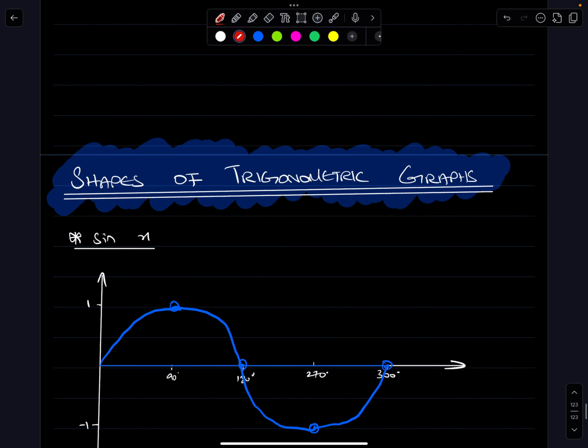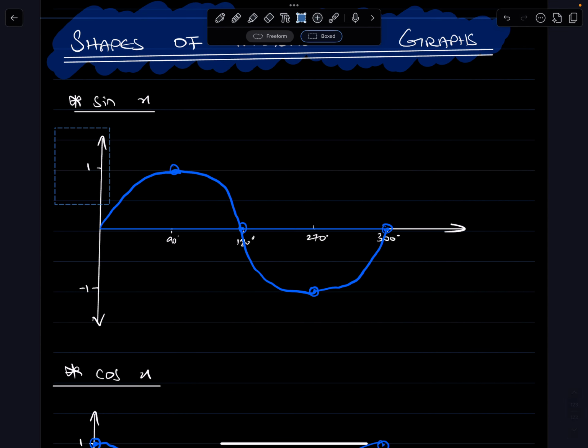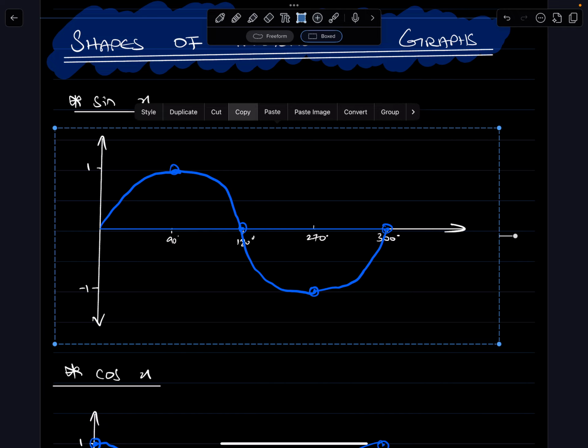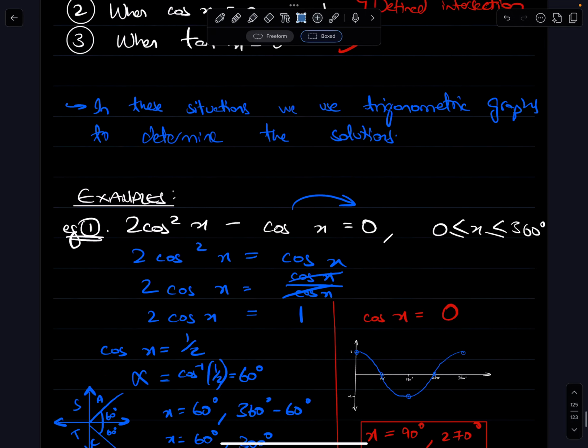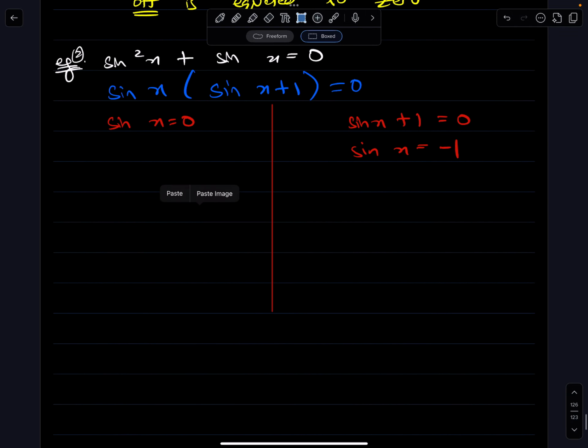Thus, I need to make the graph of sine. I have already made this, thus I'll copy this and paste this again.